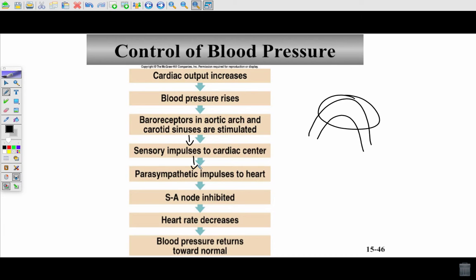And remember that the parasympathetic impulses are always going to the heart, always going to the SA node to make the SA node slow down, because the SA node would be beating at rest at like 80 beats per minute. But there's always this parasympathetic inhibition that's happening there. So the SA node is inhibited even more than usual. That decreases the heart rate, and then a lower heart rate means you lower your blood pressure.